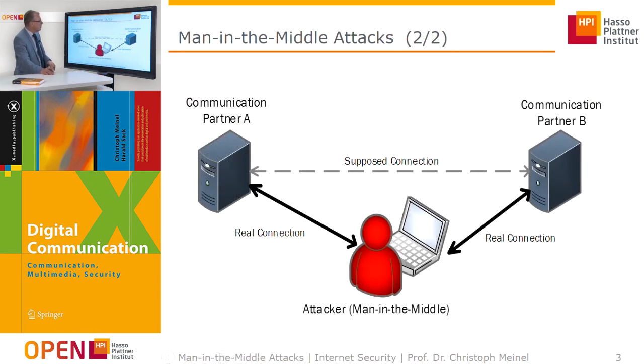So let's have a closer look at such a man-in-the-middle attack. Here are the two communication partners, A and B. They communicate with each other. For example, B is sending something to the communication partner A, but in reality, without B becoming aware of that, the message is sent over the attacker, and the attacker can read the message, can manipulate the message, and then he forwards the message to the communication partner A with a spoofed sender address.